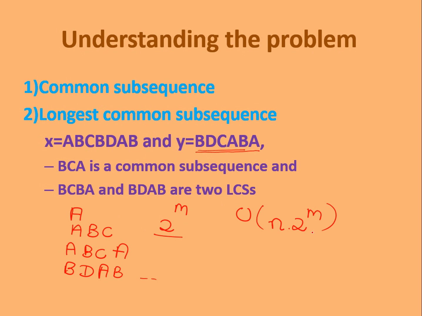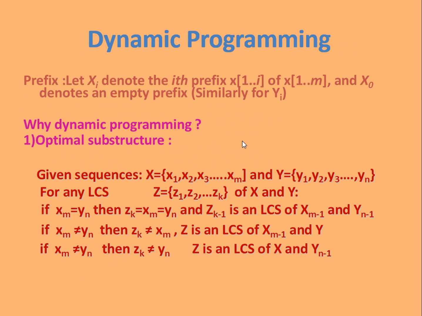Thus, of course, we should think of some other way of solving it. Let's see the dynamic programming approach. A terminology is associated with it, X_i. X_i is a prefix of a string x.